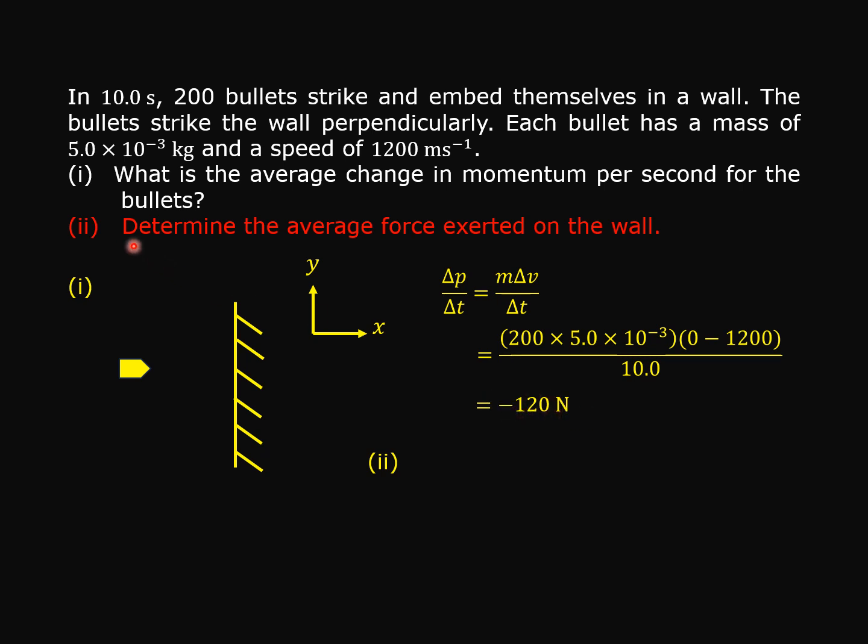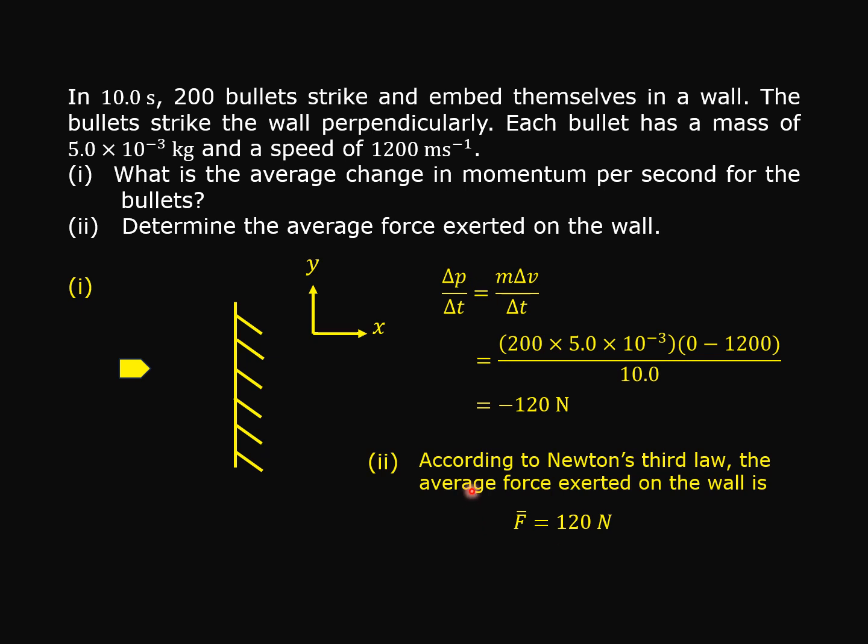Now part B asks us to find the average force exerted on the wall. According to Newton's third law, the average force exerted on the wall by the bullet should have the same magnitude as the force acting on the bullet by the wall, which we obtained in part 1, 120 Newton.